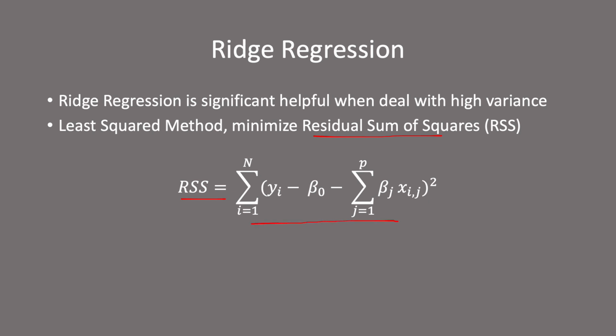Equation here, which is the sum of squared error between the label, which is the plot value, the numeric value, and the predictor value within this.